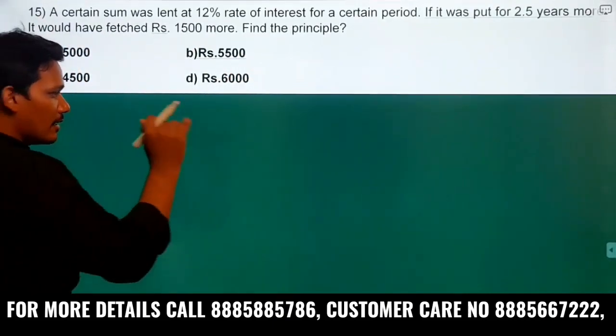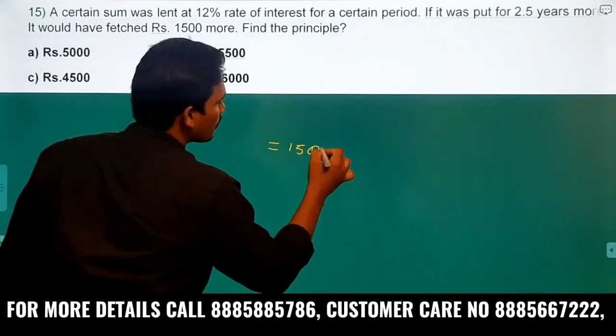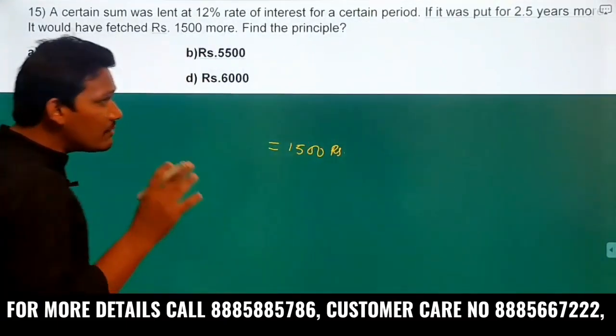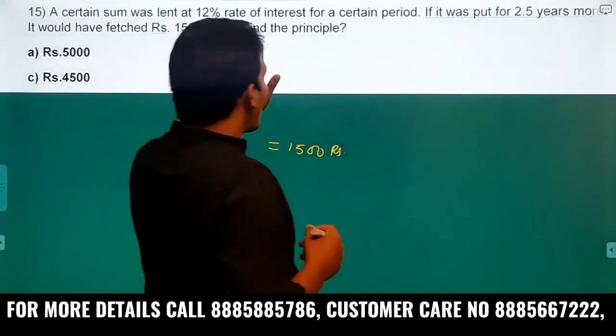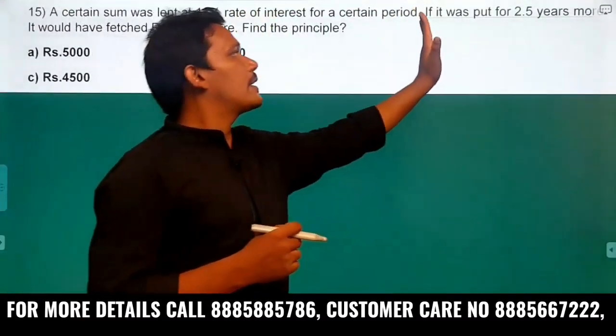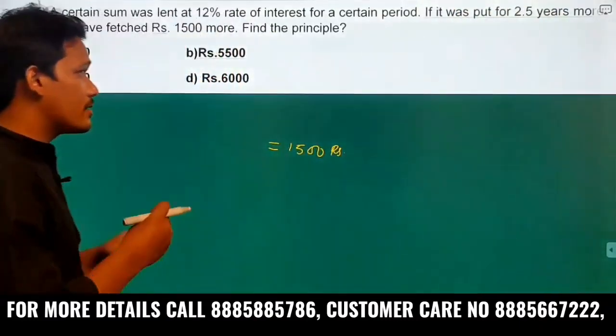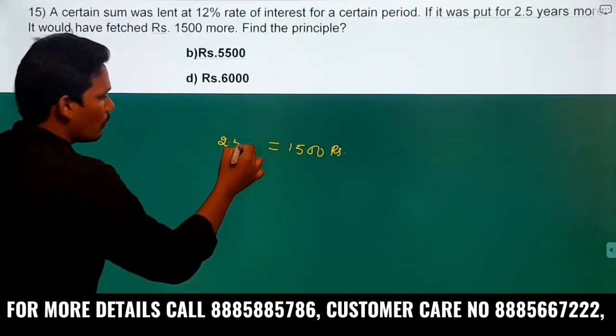See here, we are going to get an extra 1500 rupees interest. Why are we going to get extra 1500 rupees? What happened here? Rate of interest is constant, but he is increasing the time. How many years is he increasing here? 2.5 years.